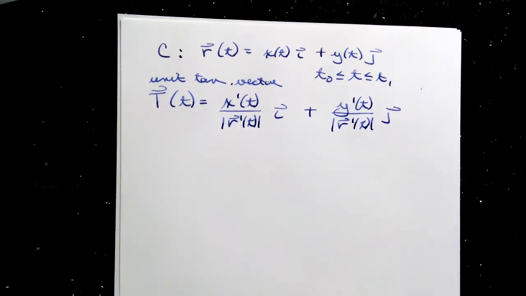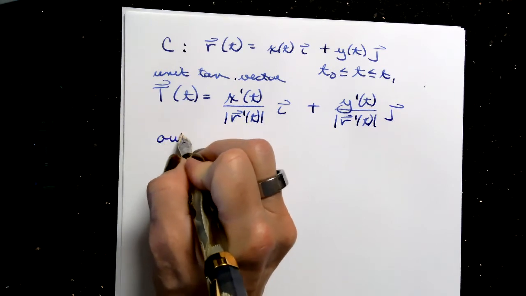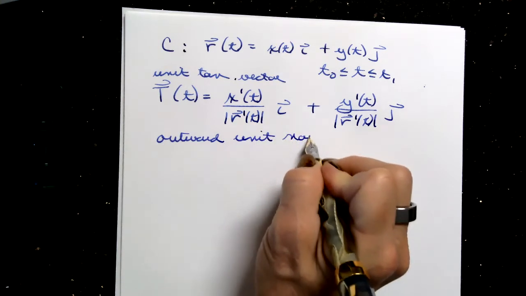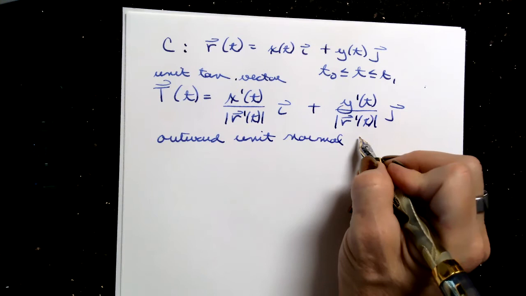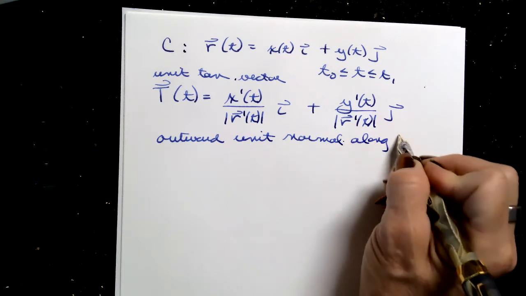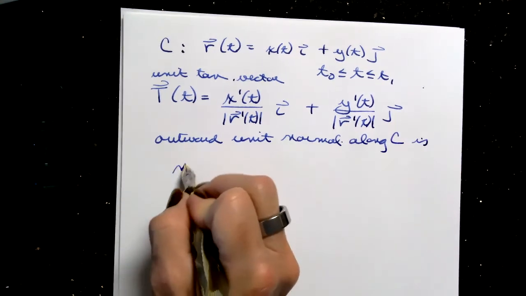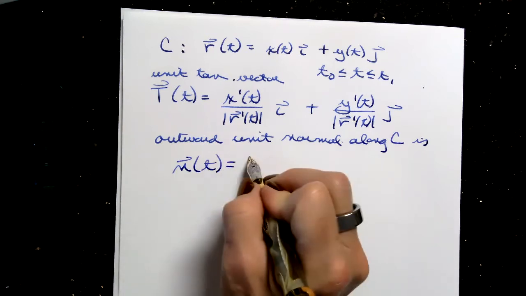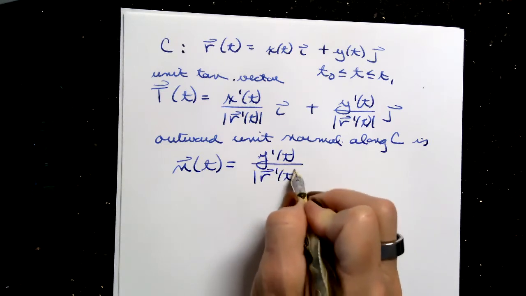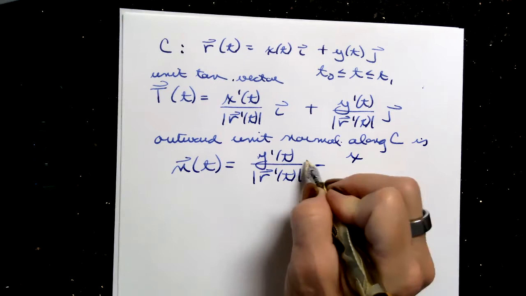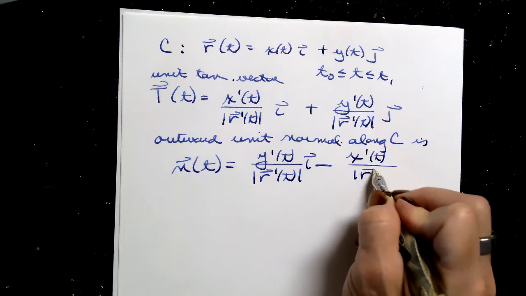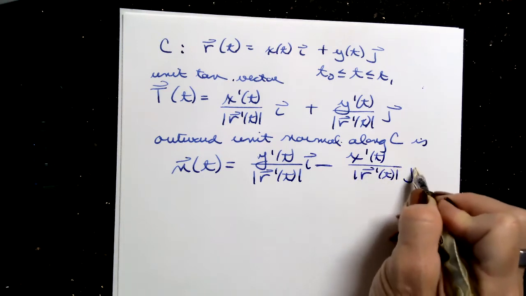And we also hopefully remember that the outward unit normal along the curve C is n, which will be y'(t) over the length of r'(t) times i, minus x'(t) divided by the length of r'(t) times j.